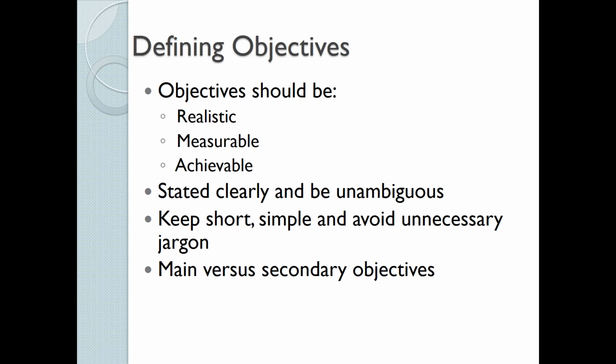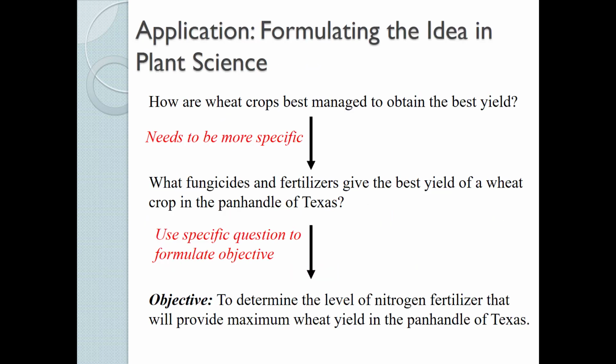You could see a peer-reviewed journal that has a big objective and then several secondary objectives. Those secondary objectives become really important for projects that get really big or run over a long length of time.